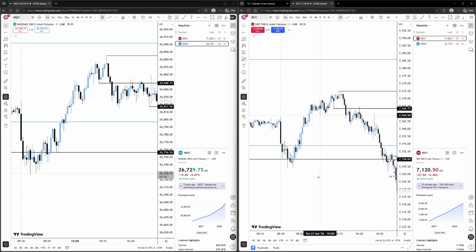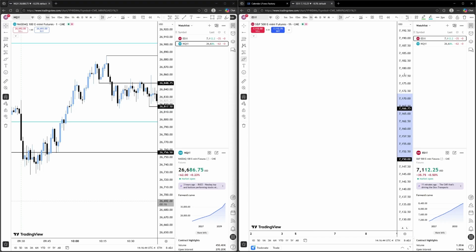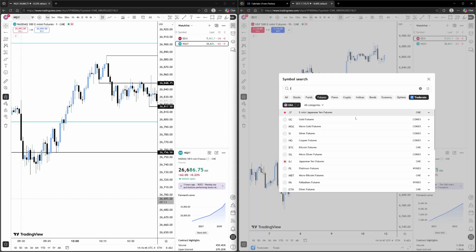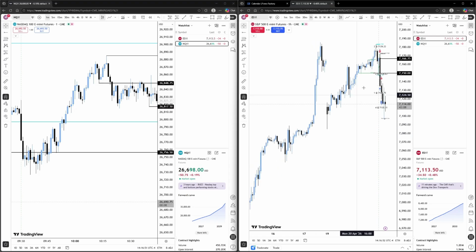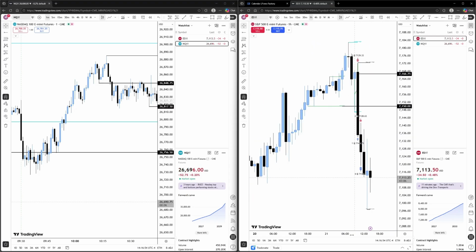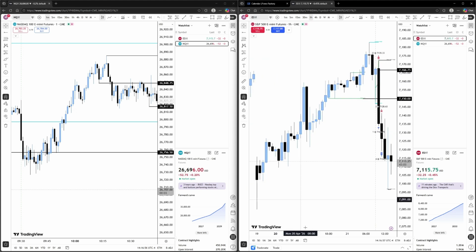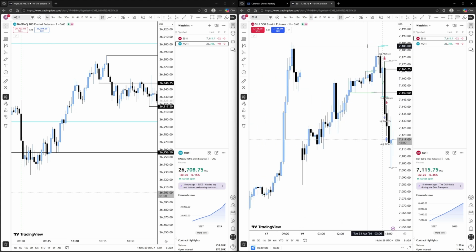Had the trend go up, fake out, another fake out, continuation, because on the higher time frames the market was bullish, but during London session, yes.